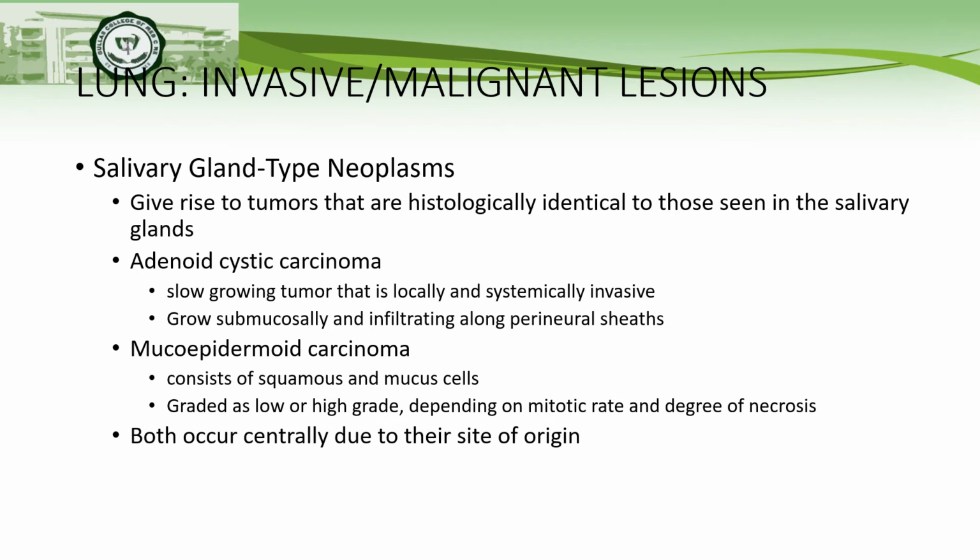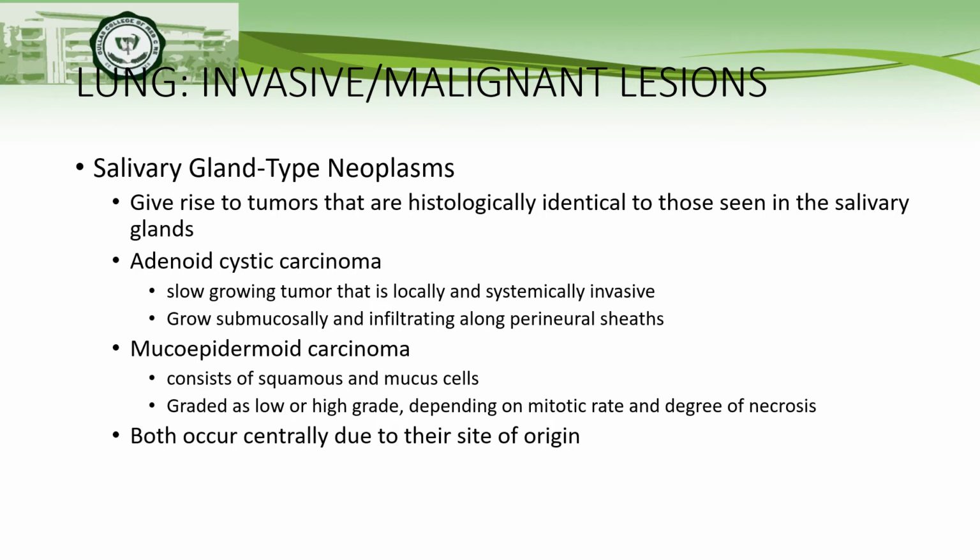The next malignant lesion of the lung is the salivary gland type neoplasms. These neoplasms give rise to tumors that are histologically identical to those seen in the salivary glands. We have two, the adenoid cystic carcinoma and the mucoepidermoid carcinoma.